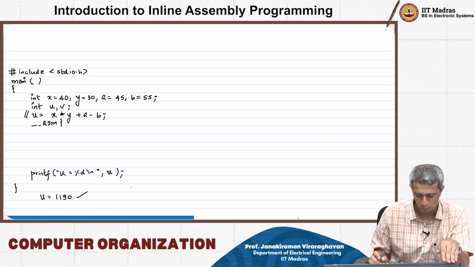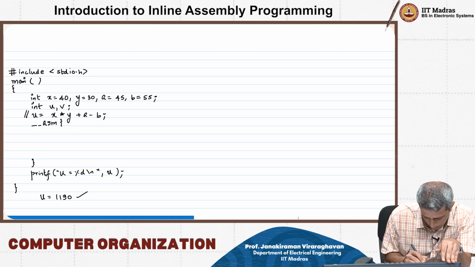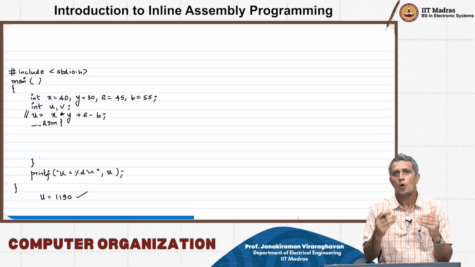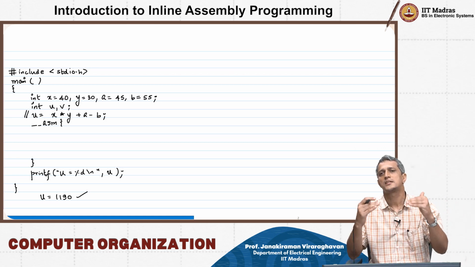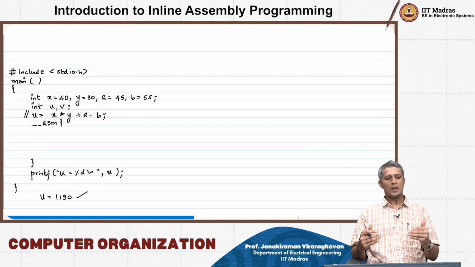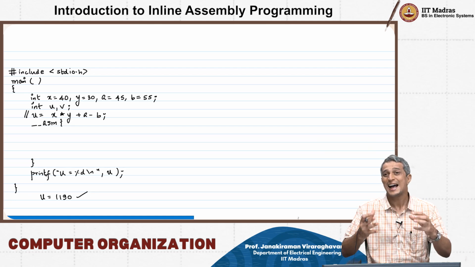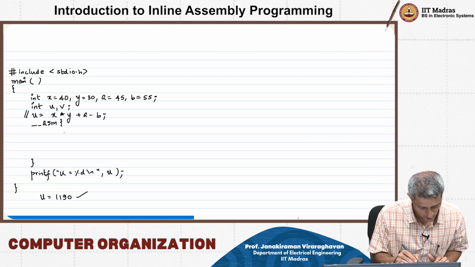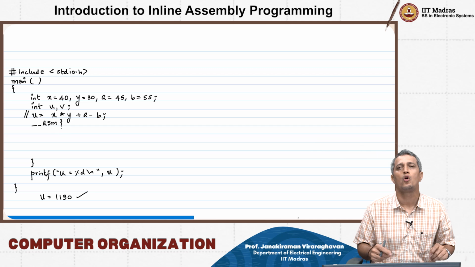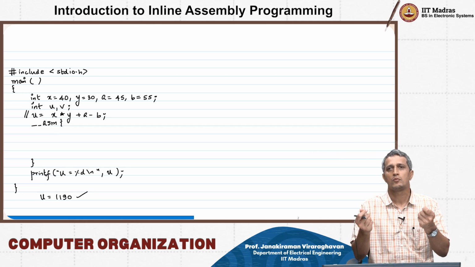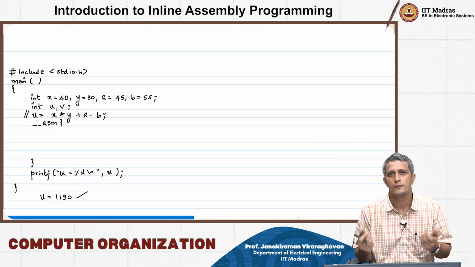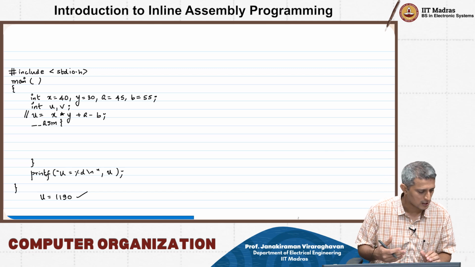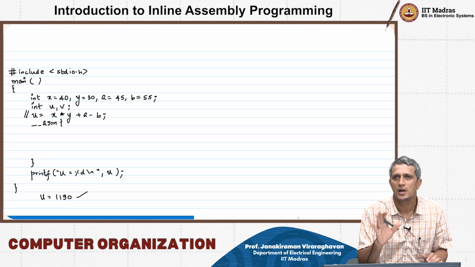I start with __asm and put a closing flower bracket. Whatever I write inside this __asm will get interpreted as assembly instructions. If you write C statements inside it, such as a printf or a scanf, it will give you a compiler error.